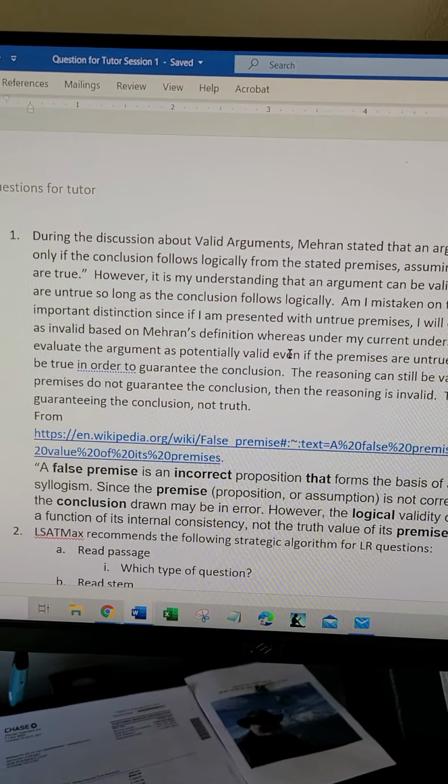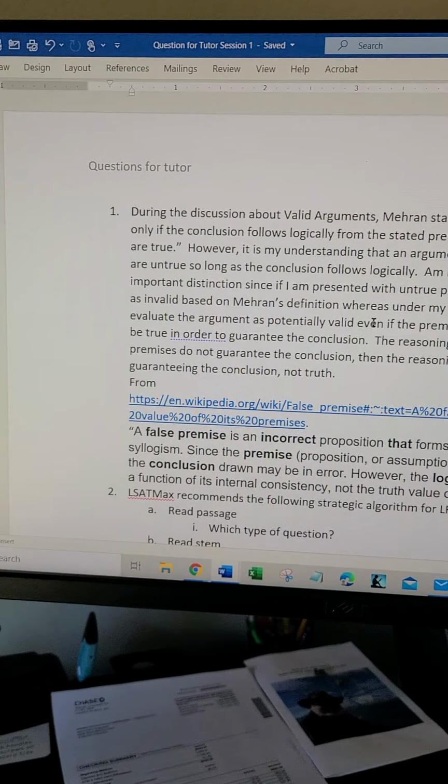So hopefully they'll fix that, just because you can have a valid argument even though your premises might not be true, such as global warming, for instance. Global warming states that hydrocarbons in the atmosphere retain the sun's heat, thereby increasing the heat in the atmosphere. Let's make a syllogism.